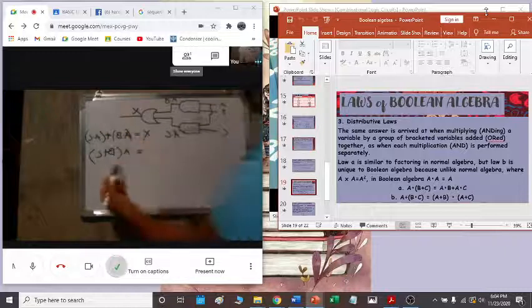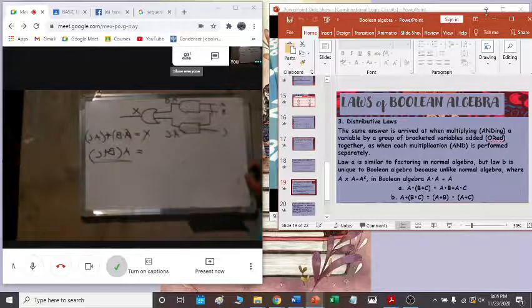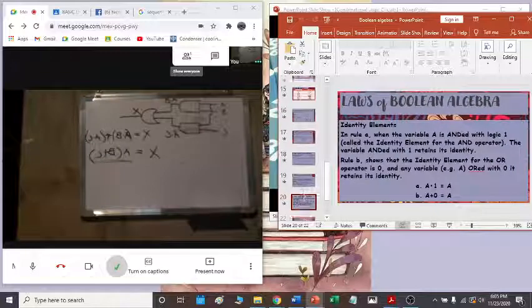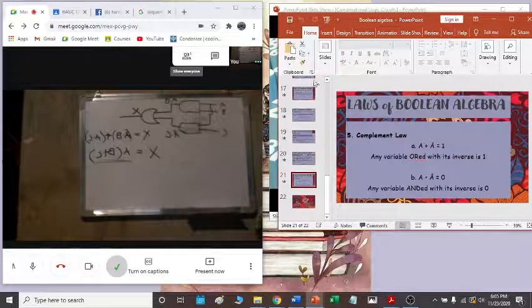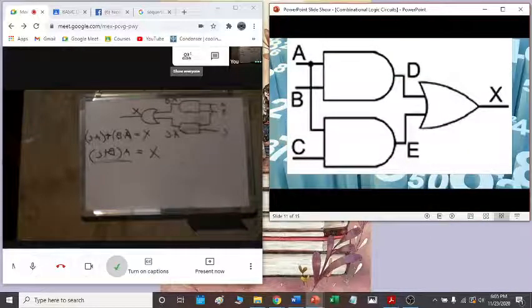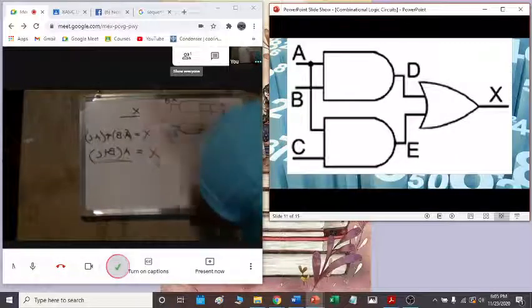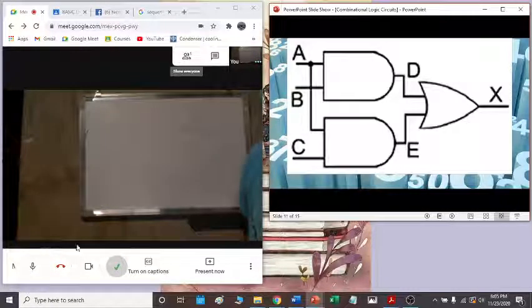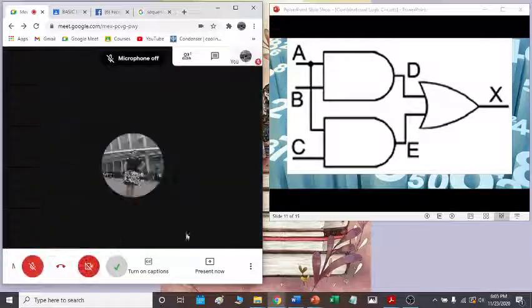So the Boolean expression is X equals A times (B plus C). That is how to do the combinational logic circuits.